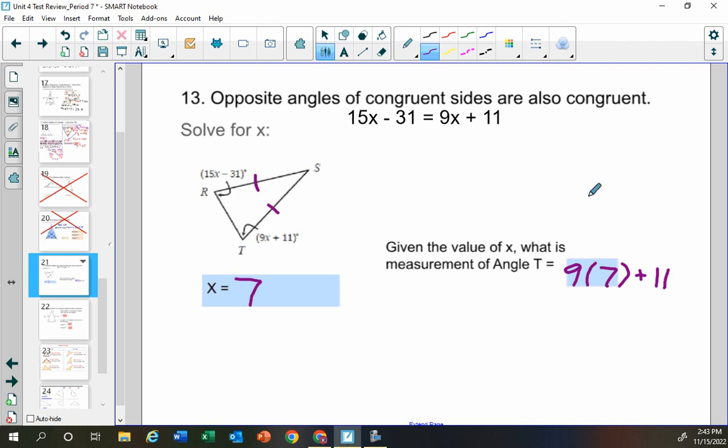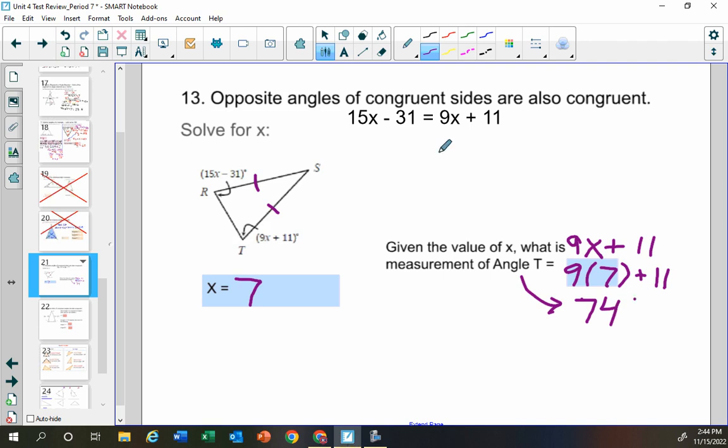So remember, plug in that 7 because angle T was at 9x plus 11. What did we get for the measurement of angle T? How many degrees? Everybody wrote it down. I should hear everybody say this answer. Angle T was how many degrees? 74. Okay, we're still on 13.